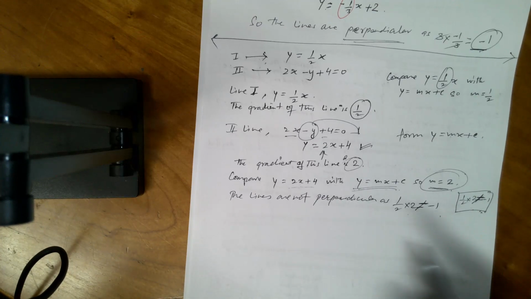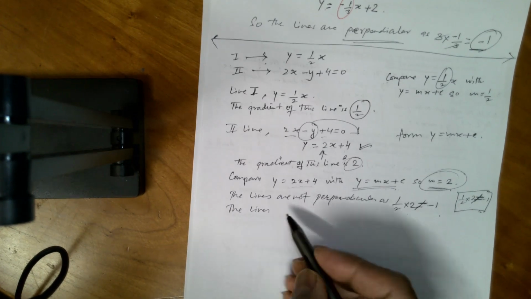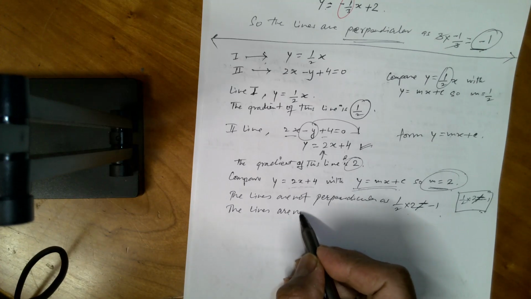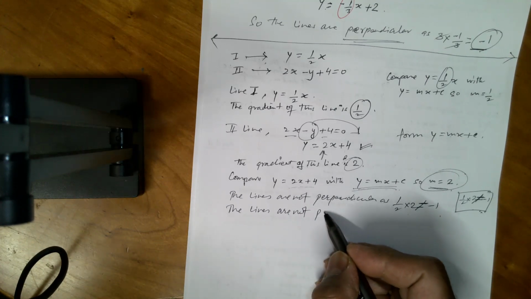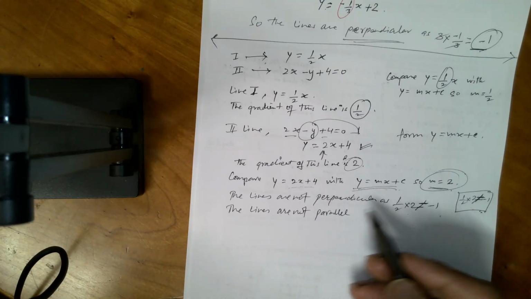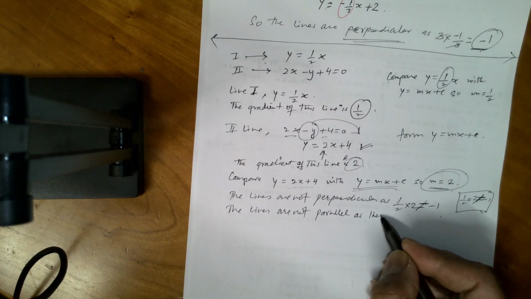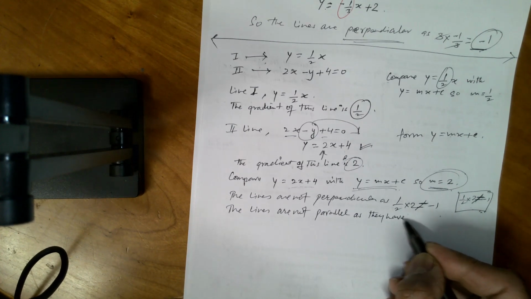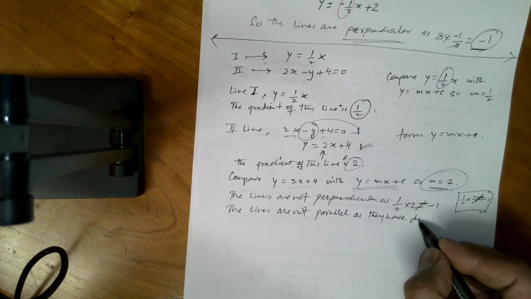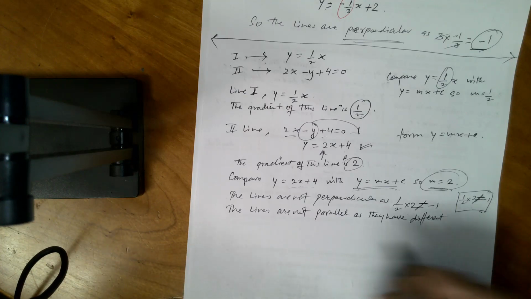So you will also write that the lines are not parallel. So they are neither perpendicular nor parallel. Please do write everything. Your justification is very important, as they have different gradients.